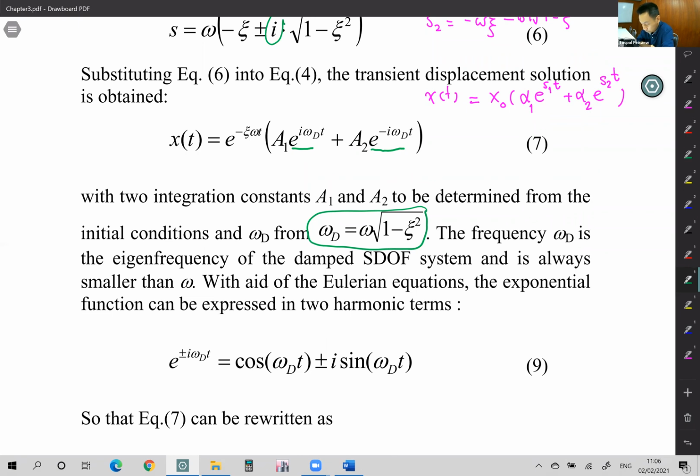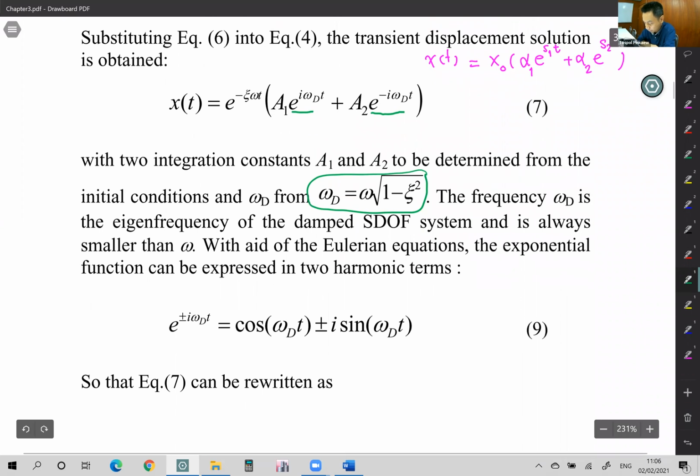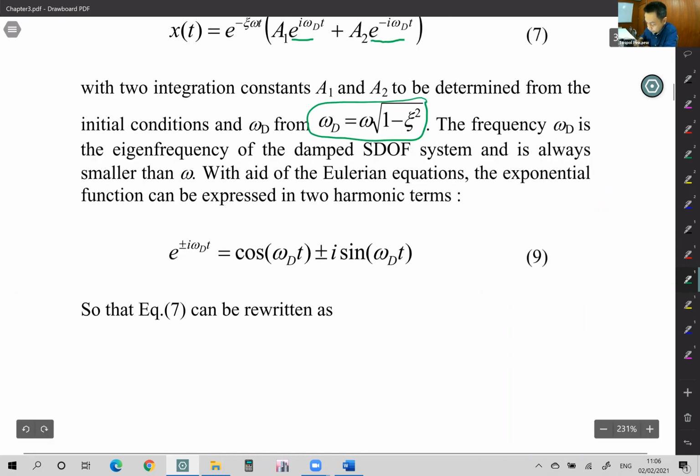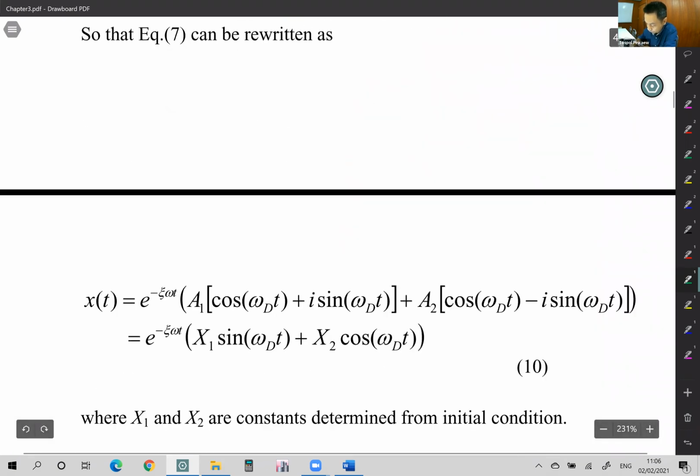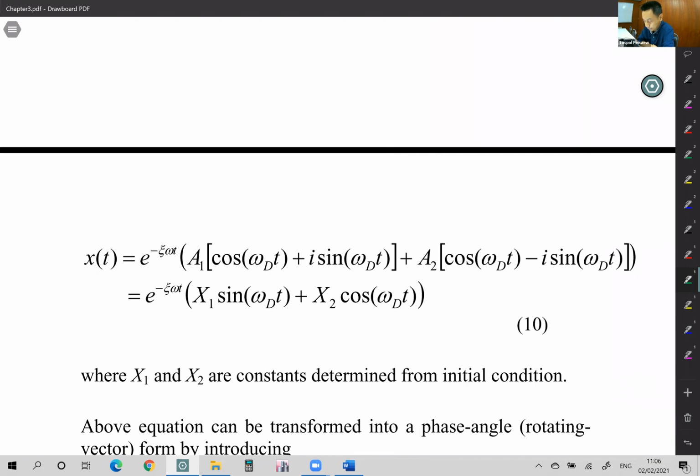And if I introduce omega d into equation number 7 and use Euler's equation as in equation 9, I can change equation number 7 into equation number 10.